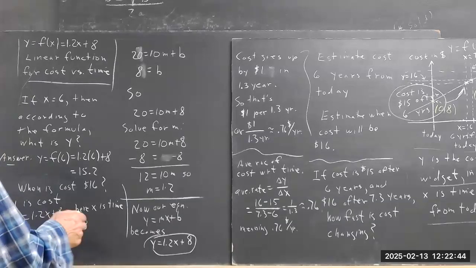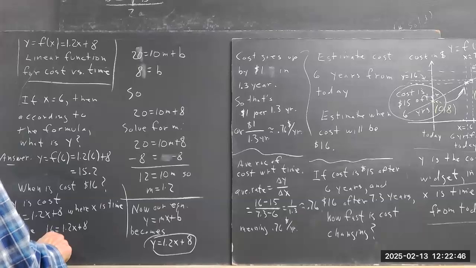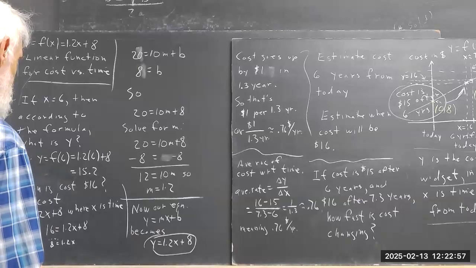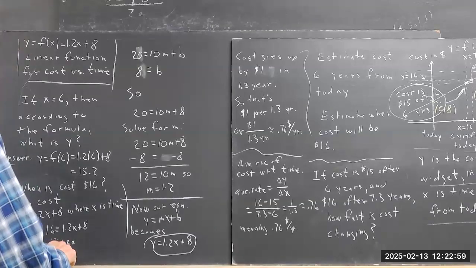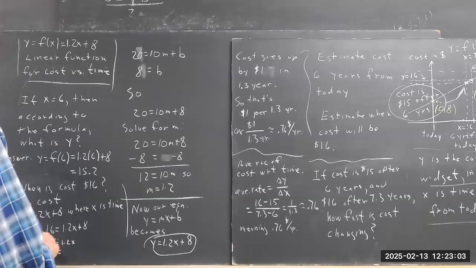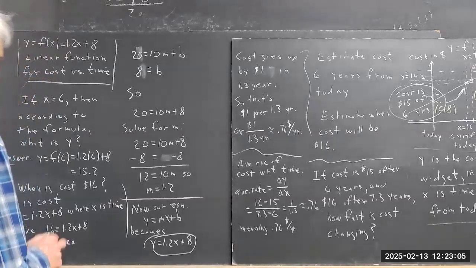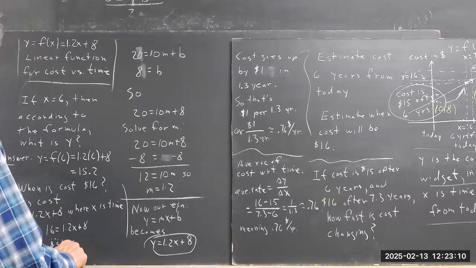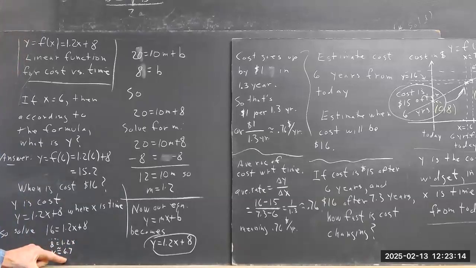Subtract 8 from both sides. We're going to get 8 equals 1.2x. We're going to get x equals 8 divided by 1.2, which is going to be 6 2/3, approximately 6.7.